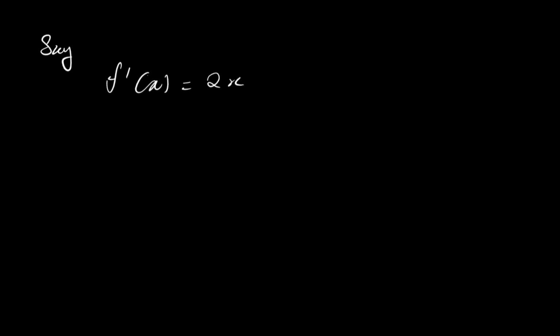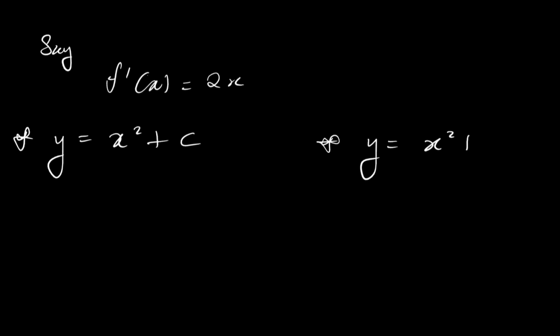Now imagine if we get two types of solutions. Let's say the first solution is y is equal to x squared plus c, and the second solution is y is equal to x squared plus 3. Between the two, we need to understand which one is going to be the general and which one is going to be the particular solution.